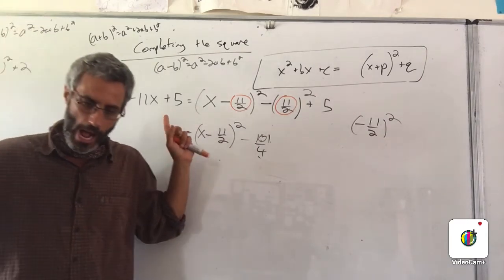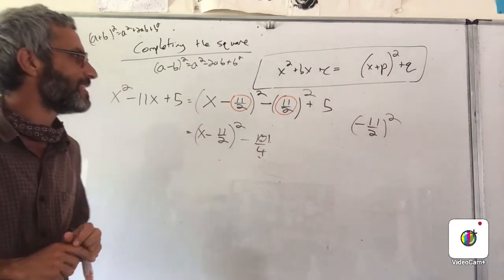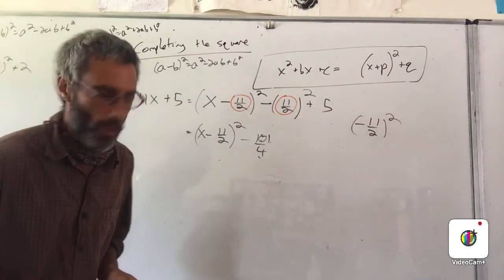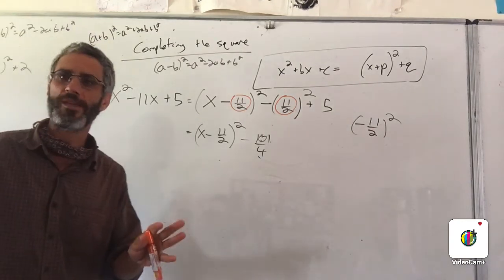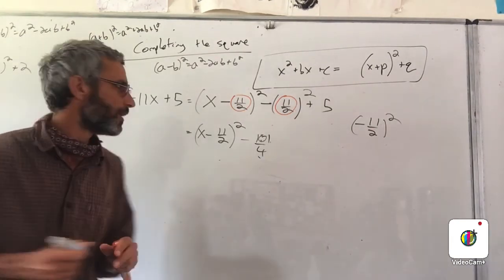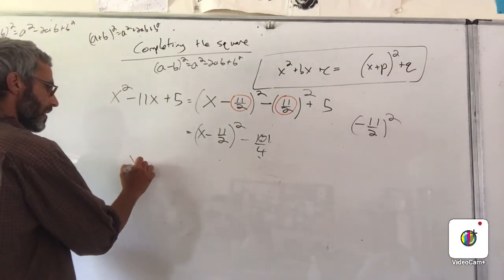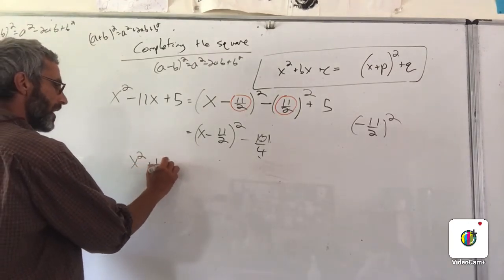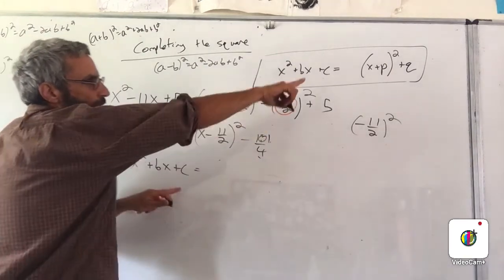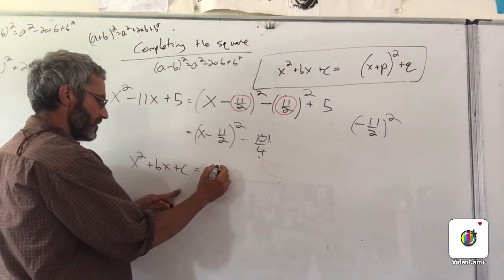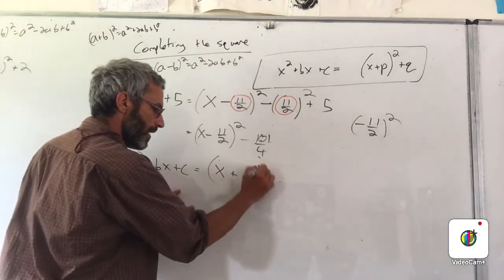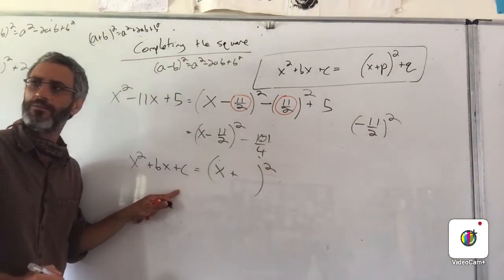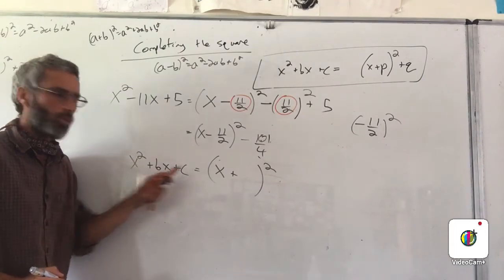I am going to end this session with writing a formula for you maybe to remember. So if I have x squared plus bx plus c, and I want to write it like this, what I've got to do is x plus something squared. What would I have as that something?